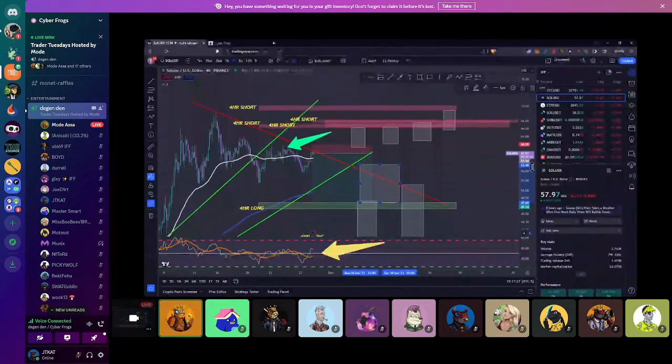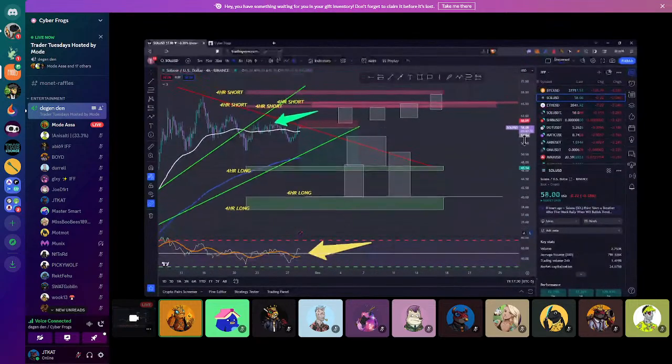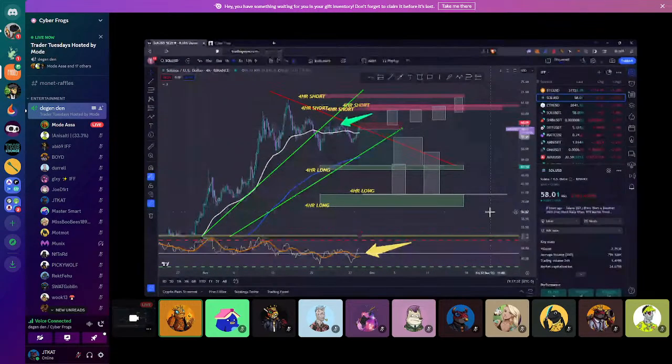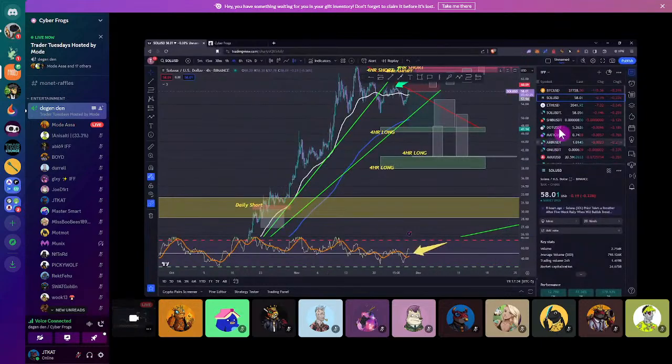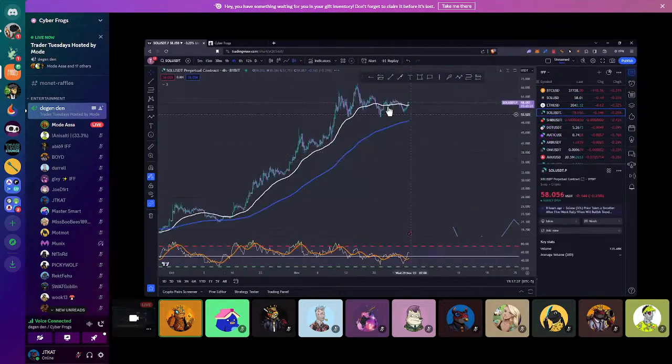So, one of the things we can do is look at Thor in order to take profits, because remember how the market moves.